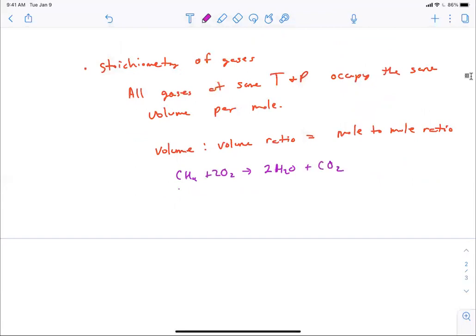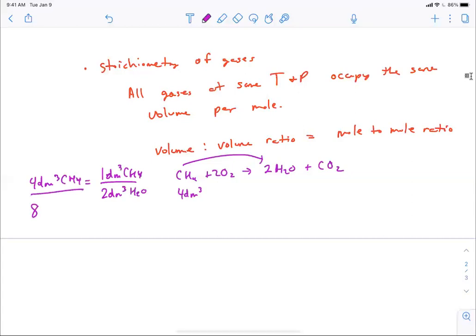If I have 4 decimeters cubed of CH4, and I want to figure out how much water, let's say it's gas in this case, is produced, well, what we can say is that 1 decimeter cubed of CH4 reacts to produce 2 decimeters cubed of water. So therefore, you can make 8 decimeters cubed of water here.